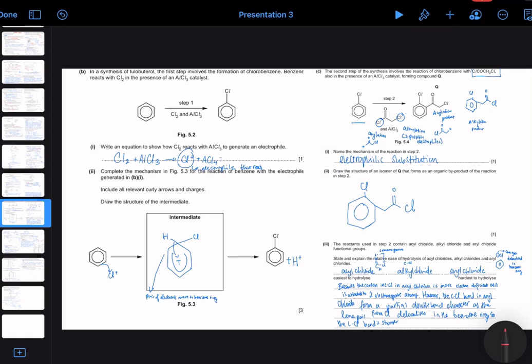In the synthesis of tolubutyrol, the first step involves the formation of chlorobenzene. Benzene reacts with Cl2 in the presence of AlCl3 catalyst. You're trying to generate your Cl+ electrophile here. So Cl2 plus AlCl3 becomes Cl+ and AlCl4-.